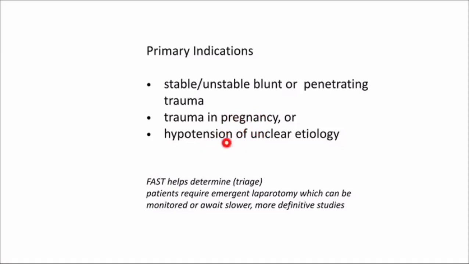Hypotension of unclear etiology is likewise indicated. You must remember that FAST helps to determine or triage patients requiring emergent laparotomy versus patients who may be monitored or await slower, more definitive studies like CT scan or diagnostic peritoneal lavage.